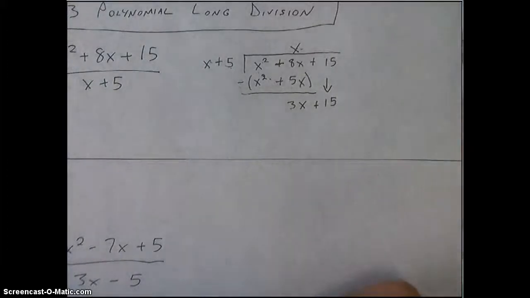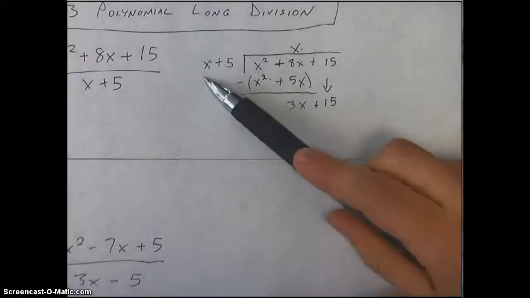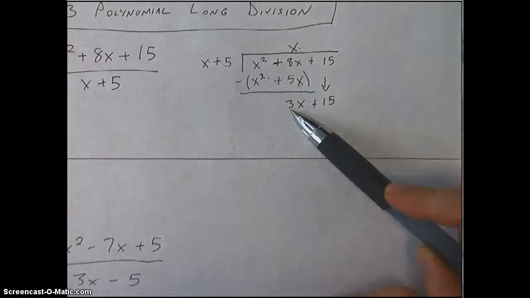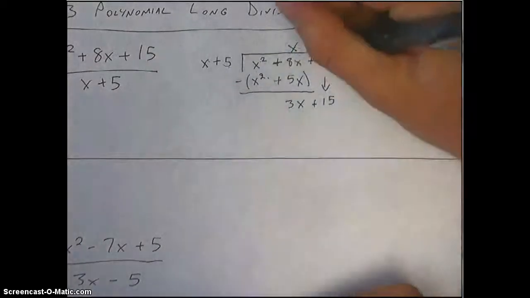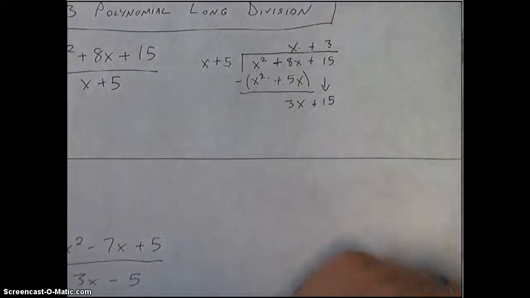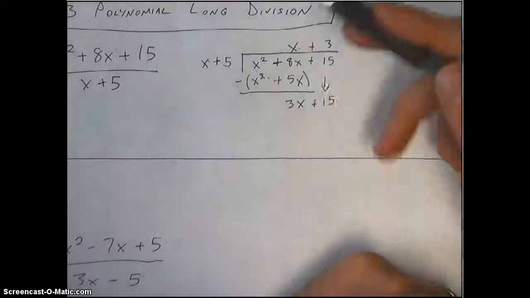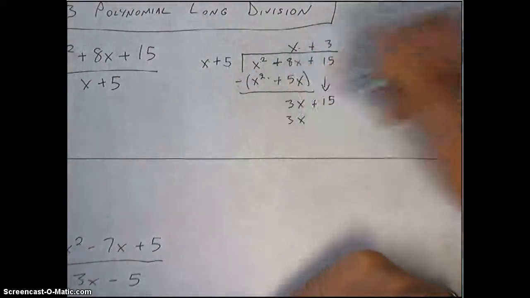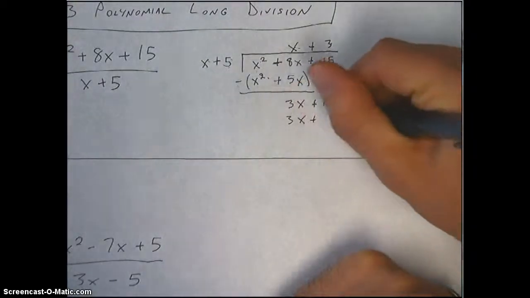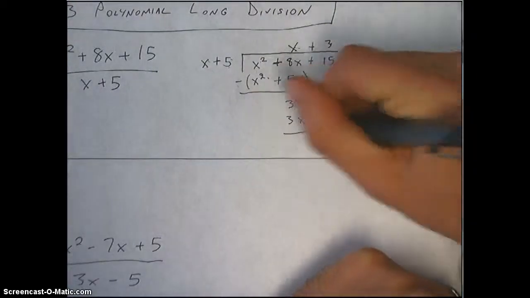All right, now I'm going to ask myself the question, how do I turn that x into a 3x by way of multiplication? And of course, that's just by multiplying by 3. So I'm going to write a plus 3 right there. So 3 times x is 3x. And then 3 times 5 is 15. And I'll subtract straight down.